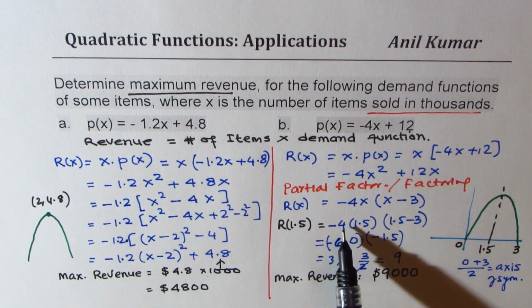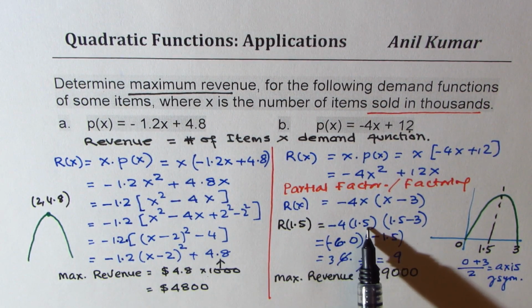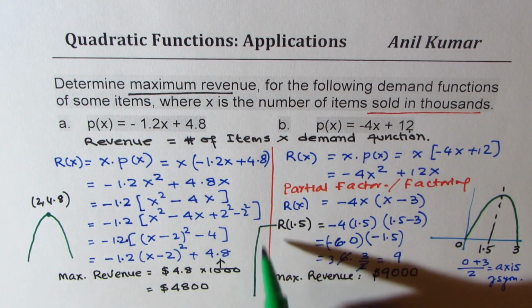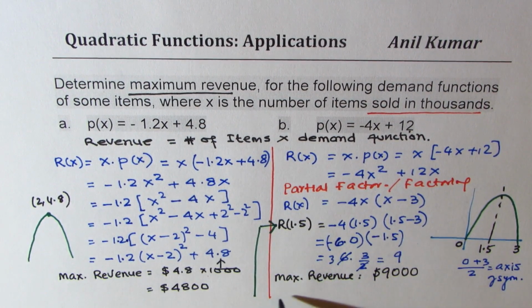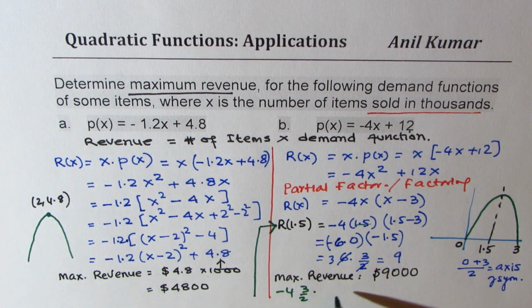Getting back to this calculation, see how easy it is if I convert 1.5 to fractions. So I'll do it again to show you this calculation: minus 4 times 3 over 2, times minus 3 over 2.